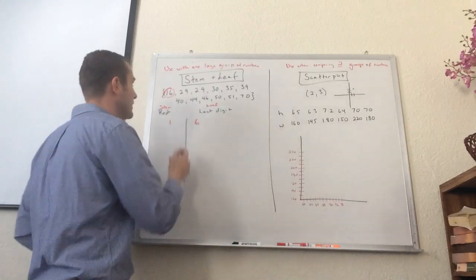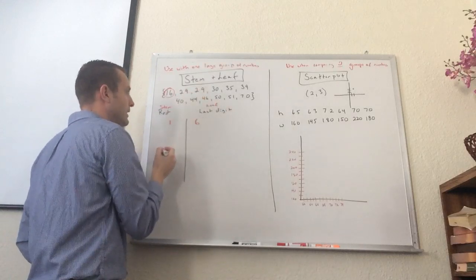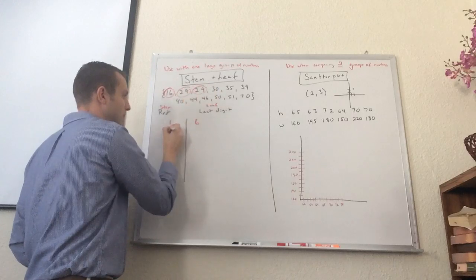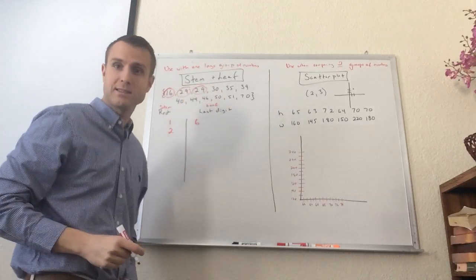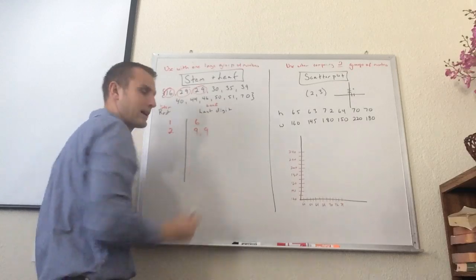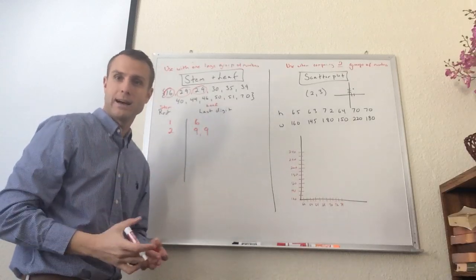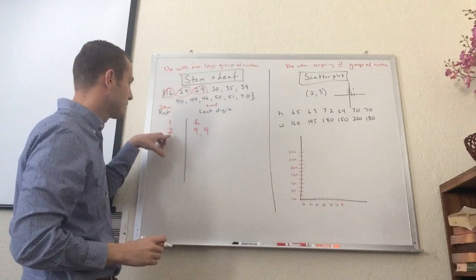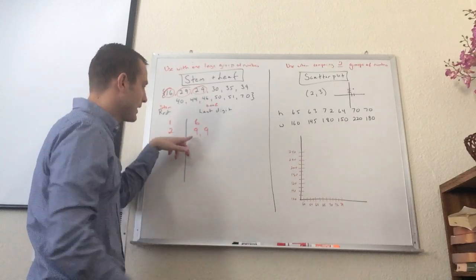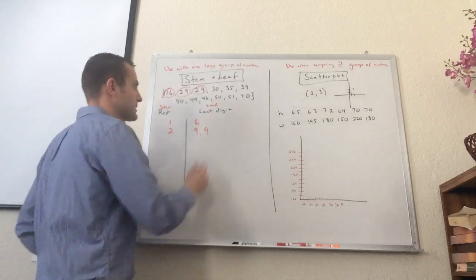Next, I have two 29s. So I write 2 here for my 20s, and over here I write 2, 9s. Since I have two 29s, I only write the 2 once, so all of my 20s are over here, and then I write what I have in my ones place.